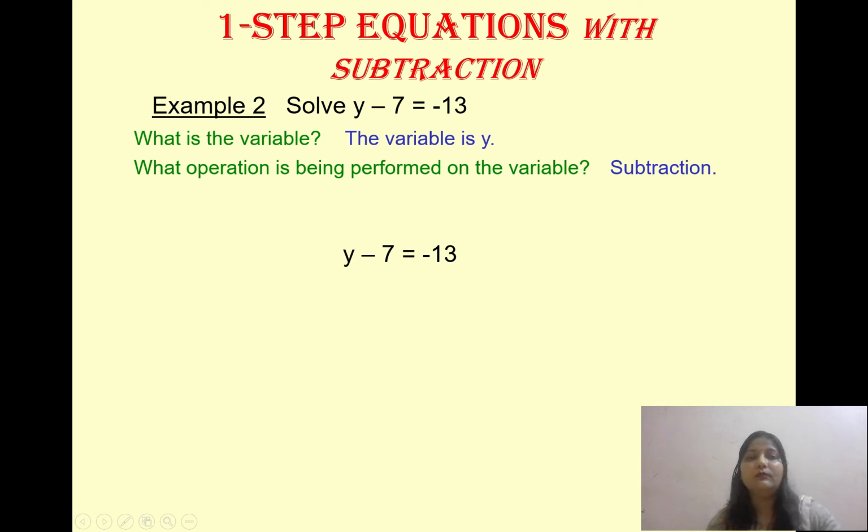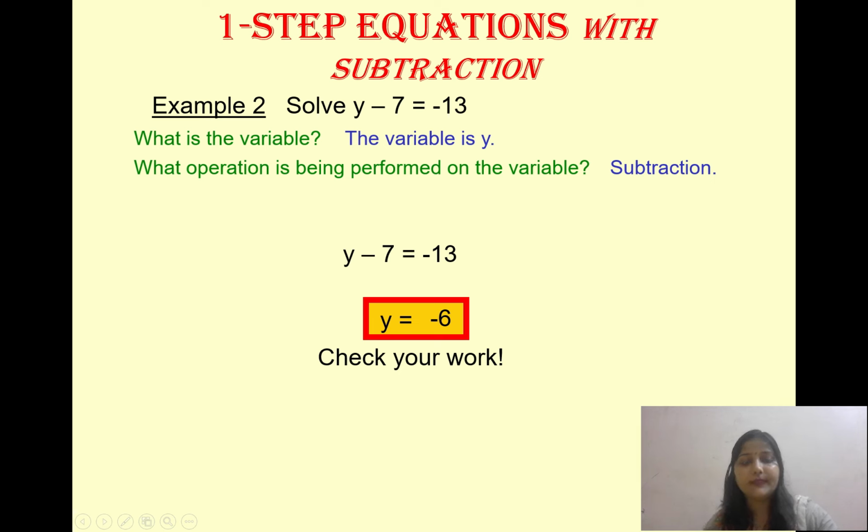You need to cancel out minus 7, so add plus 7 to both sides. What will be the answer? Minus 6. Is it clear? Whichever sign is greater, you take that sign. Check your answer by putting the value of minus 6 in the given equation. If both sides are equal, your answer is correct, otherwise not.